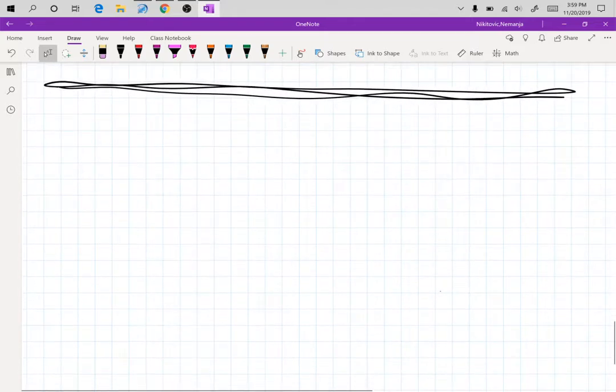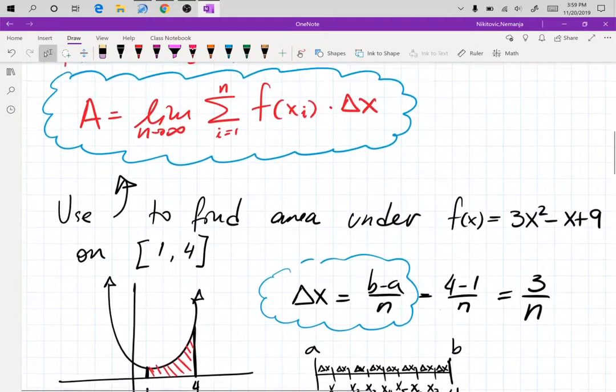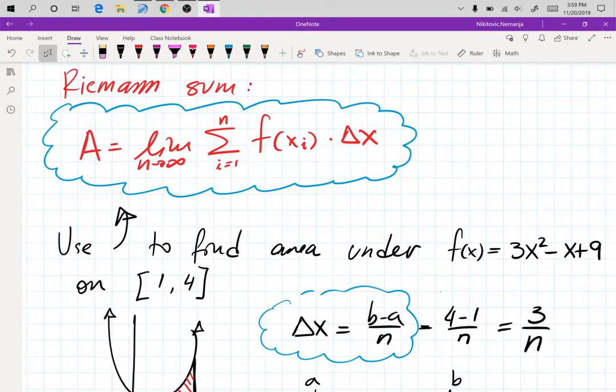But let's see something else here. So we have this calculation, and now it turns out that we can do something else instead.